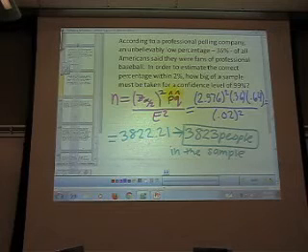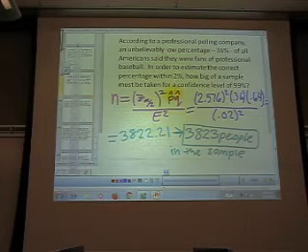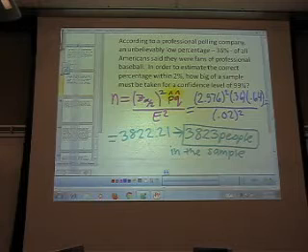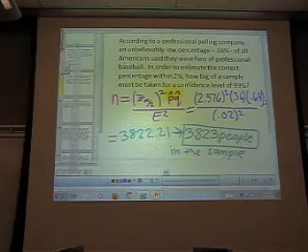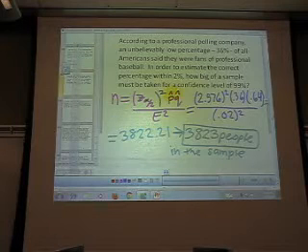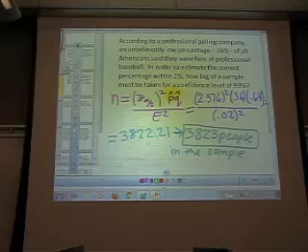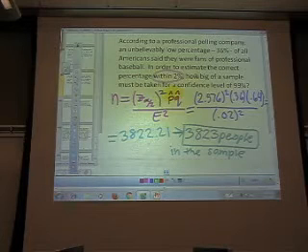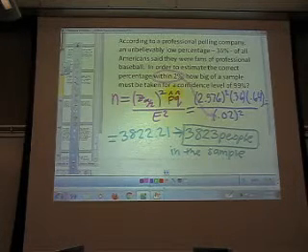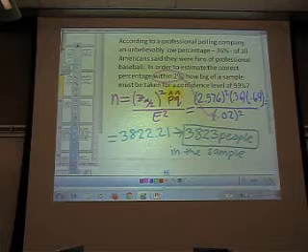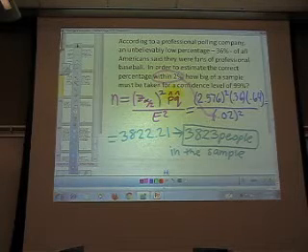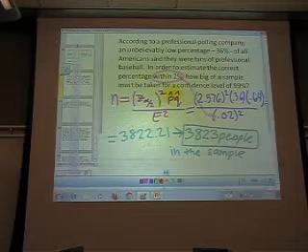I used the z-table to find 2.576, and then p hat was 0.36, and 1 minus p hat comes out to 0.64. And then it says within 2%, so my margin of error was 0.02. And then I calculated that out and I got 3822.21, but that's not a number of people, so I have to round it up to 3823 people.